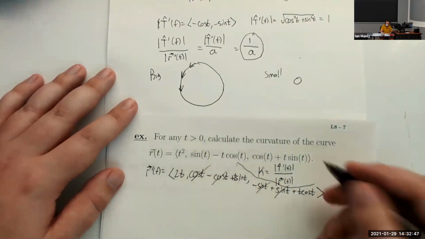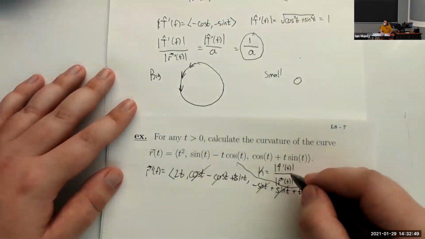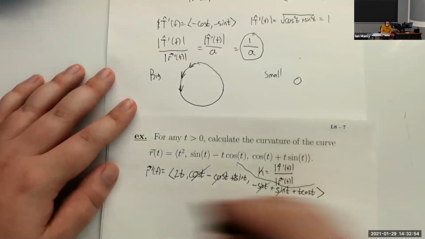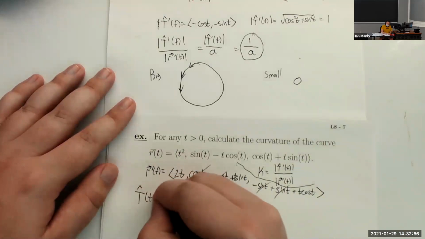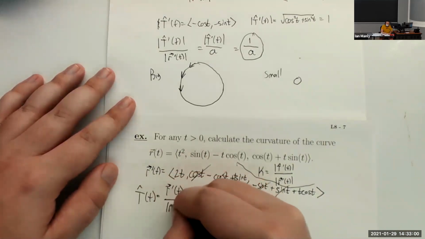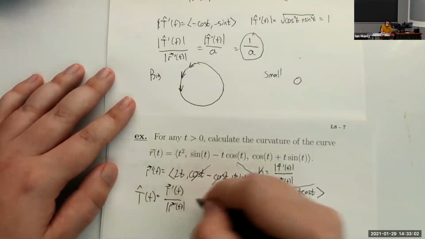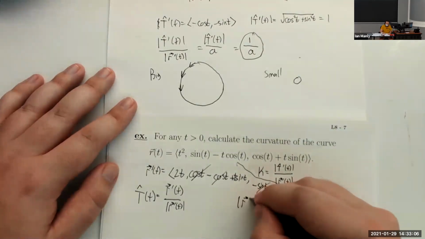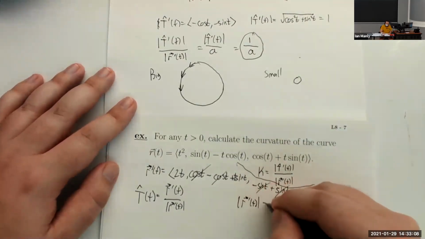All right, next, remember our first objective is to get this t hat right here. So that's what we want to get first. And remember that t hat is r prime divided by its magnitude. Okay, so we need to know what the magnitude of this is. All right, let's see.